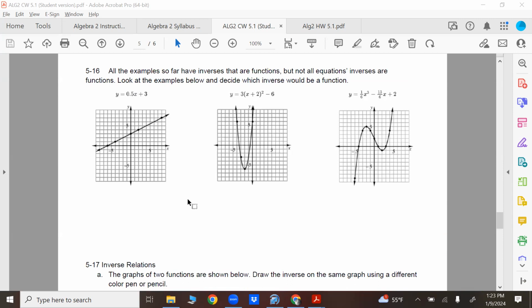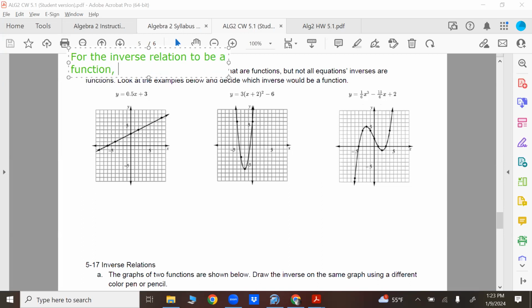All the examples so far have inverses that are functions, but not all equation inverses are functions. So here's the thing. For the inverse relation to be a function, the original relation must pass the horizontal line test.